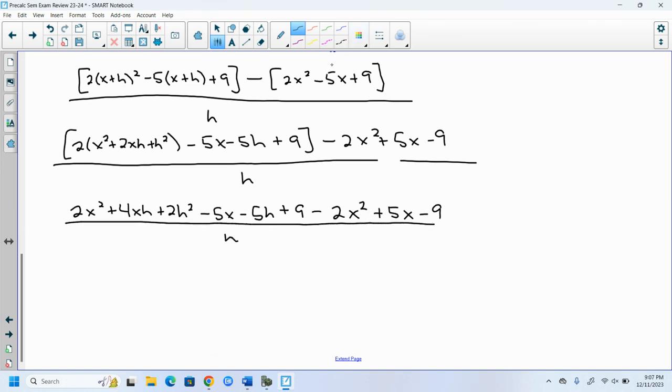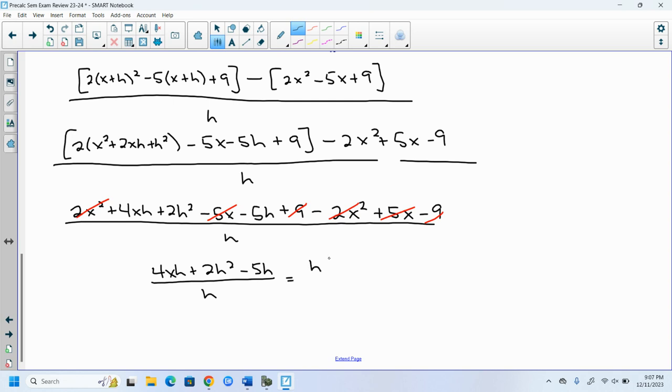At this point, we want to combine like terms. And when we did this earlier, I mentioned that everything without an h should cancel. 2x squared and minus 2x squared, negative 5x and positive 5x, positive 9 and negative 9, which will leave us 4xh plus 2h squared minus 5h all over h.